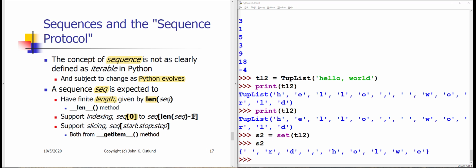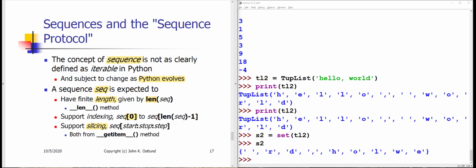Now, you may, if you want to, also implement the negative subscripts. You can implement minus 1 to be the same thing as the last item, minus 2 to be the same thing as the second to last item, etc. That is not strictly required, but what is required is that you should support forward indexes from sub 0 up to the length minus 1.